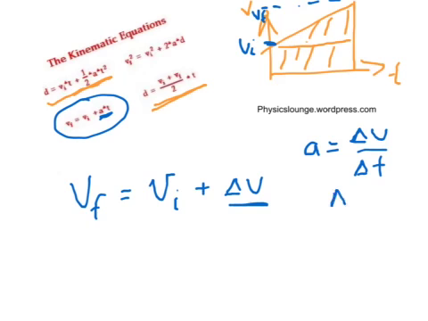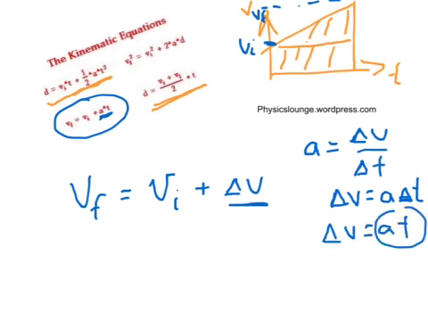So you can see that delta V equals A times delta T, or if we're just dealing with T as a time rather than a change in time, it's basically the same thing, it's just a matter of notation. So delta V equals At, and we substitute At in there, and we end up with exactly what we want over here. Vf equals Vi plus At.